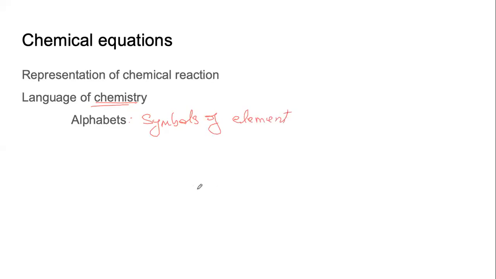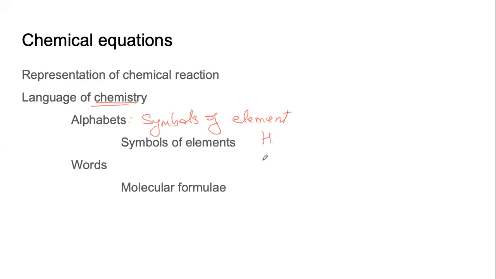So H for hydrogen, O for oxygen, those are the alphabets. Alphabets combine to form words. In chemistry, the equivalent of words will be the molecular formula. So if H is the alphabet, H2 is the word. If H and O are the alphabets, then H2O is a word.